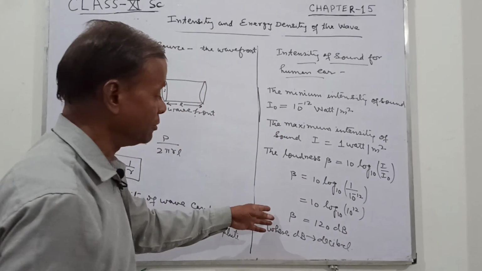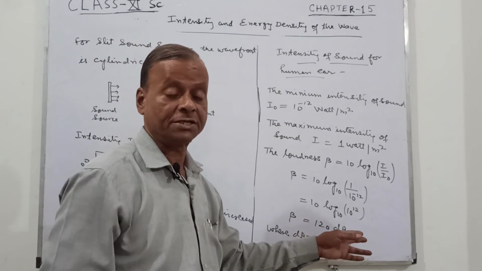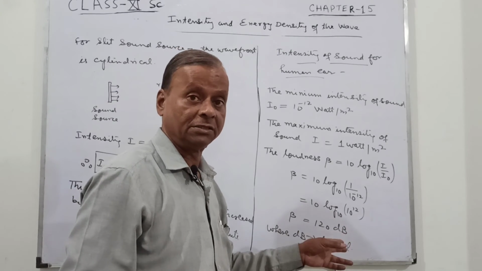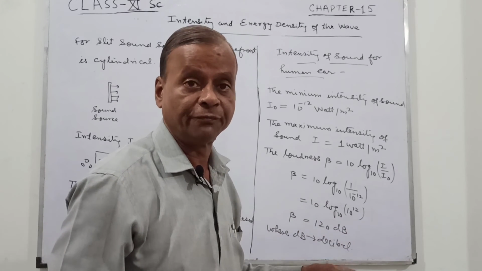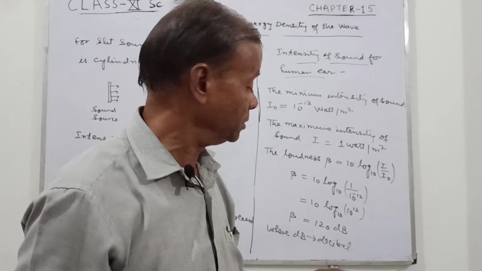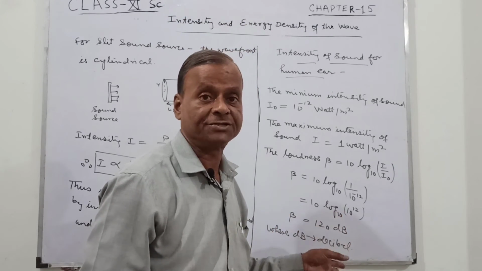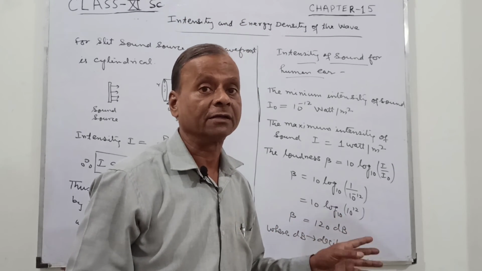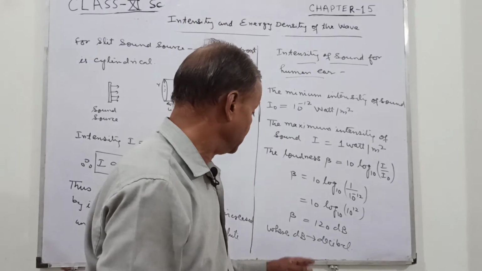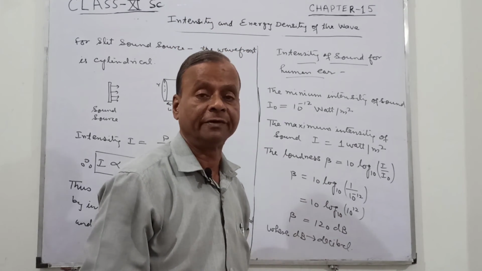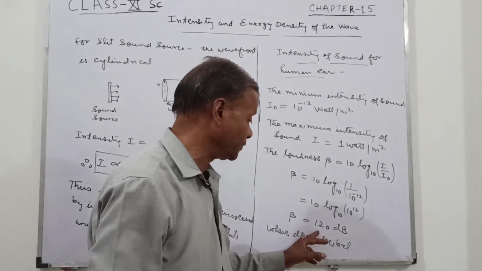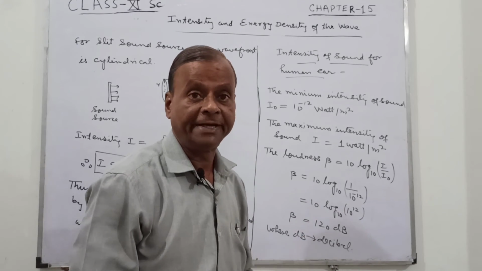This is the maximum sound that we cannot listen to, at which the human brain does not work, and as a result the man can be killed. So this frequency is intolerable. So at this level the human may die.